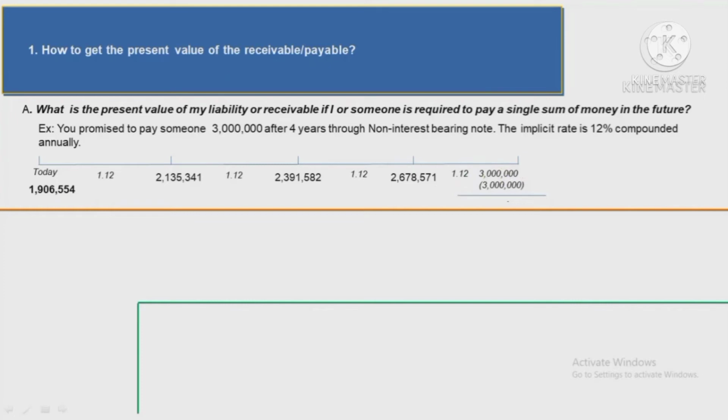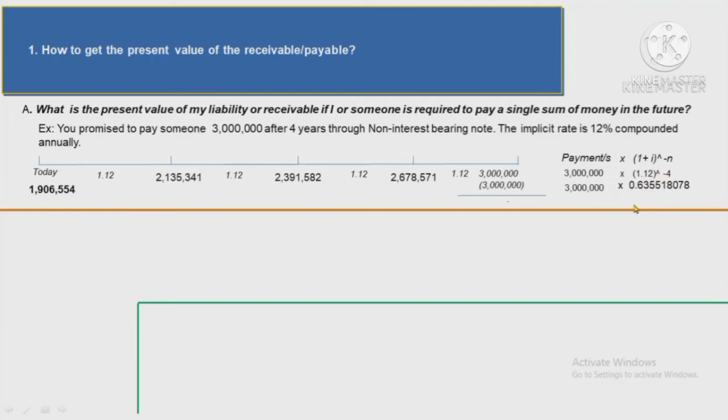Of course, there is a shortcut, which is payments times 1 plus interest raised to the power of negative n, or negative number of periods. So let's substitute. The payments is 3 million, and then 1 plus 0.12 raised to the power of negative 4. To summarize, we have 3 million times 0.635518078, which is the value of 1.12 raised to the power of negative 4.